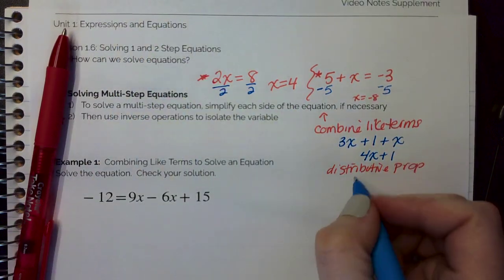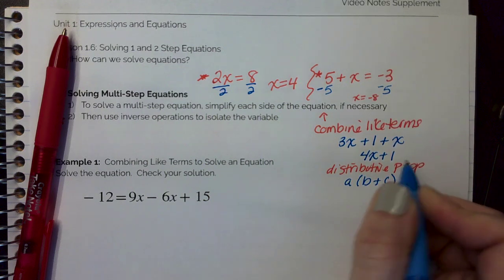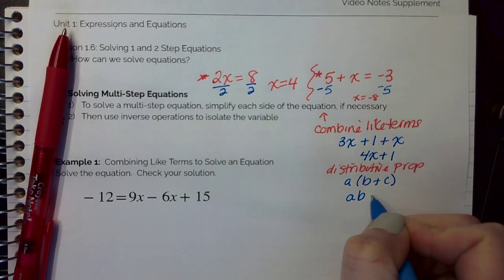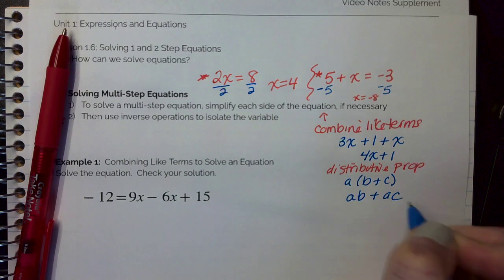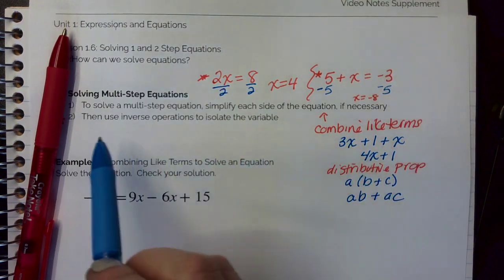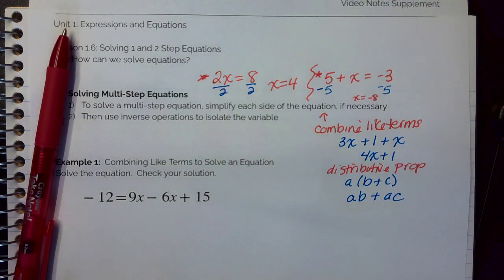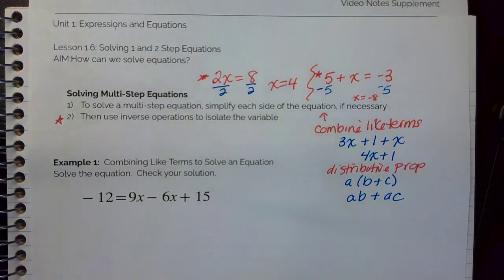And you'll see that, right? I'm just going to use the letters for now. If you had something like this, you would simplify to be AB plus AC. So these are the kind of things we're going to be doing before we can use the inverse operation to isolate the variables. Let's hop right to it.